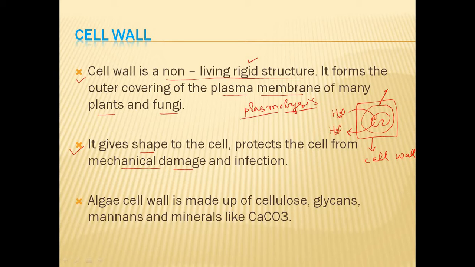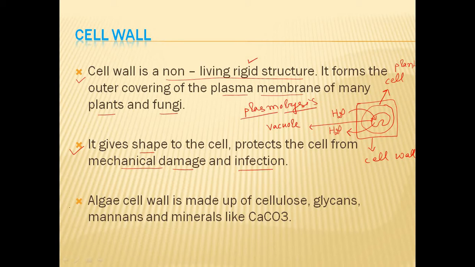This is the plant cell, and this one is the vacuole. Also the cell wall protects the cell from different types of bacterial and fungal infection, as this is a non-living rigid structure. Bacterial and fungal infection cannot penetrate into the cell easily.